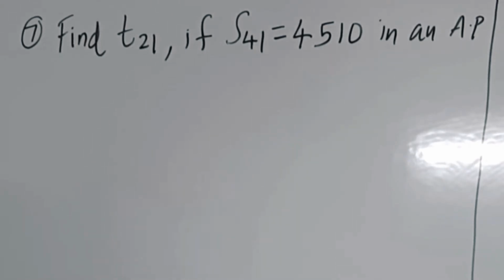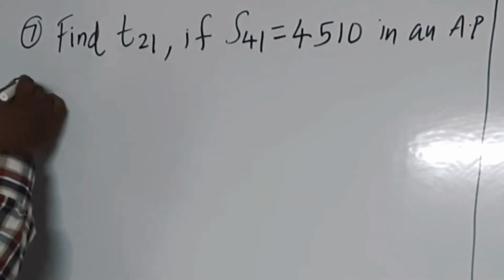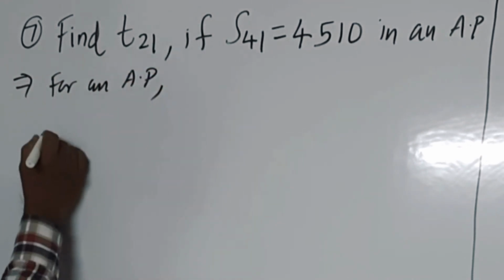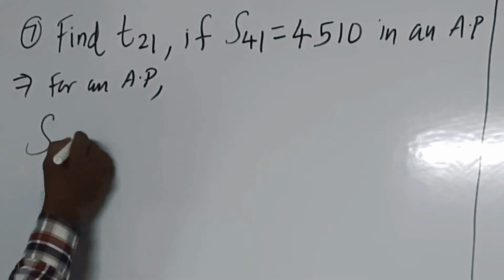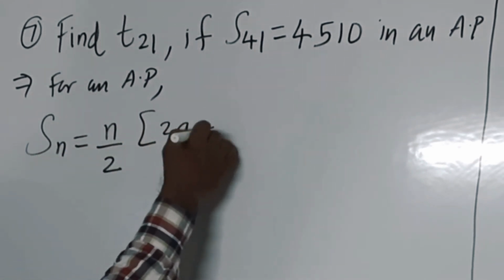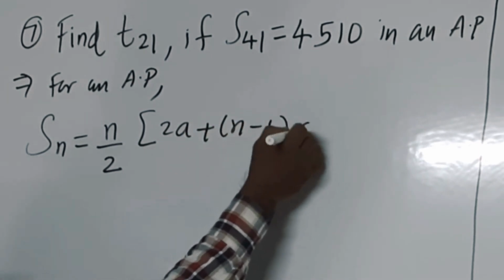Seventh example: find T21 if S41 is equal to 4510 in an AP. So we know that for an arithmetic progression, Sn is equal to n upon 2 into bracket 2a plus n minus 1 into d.